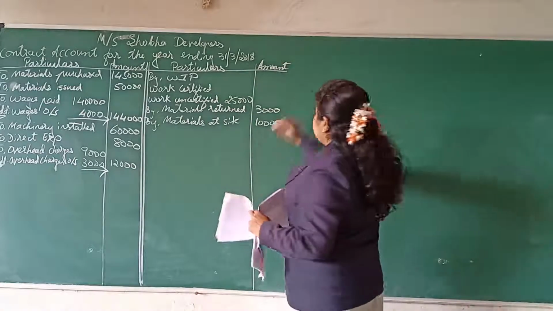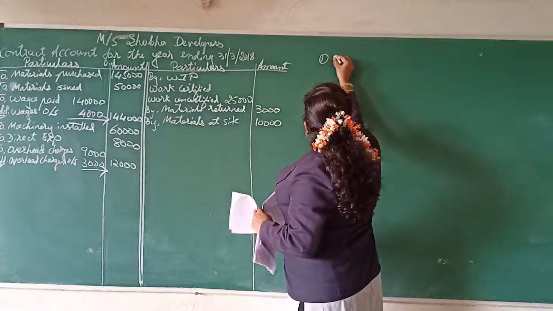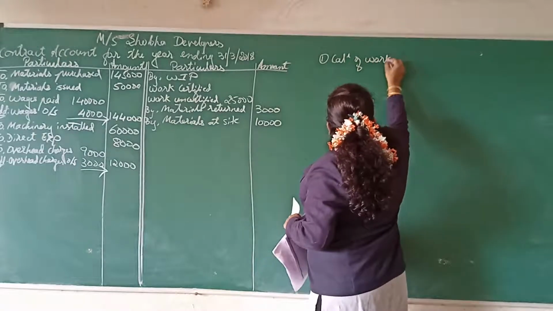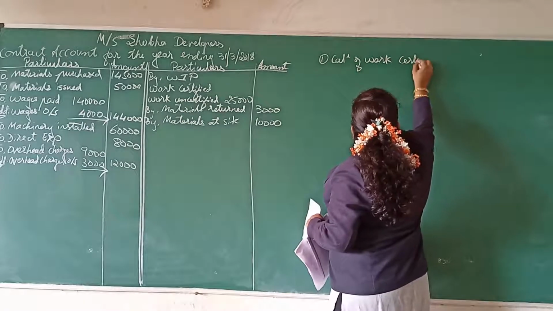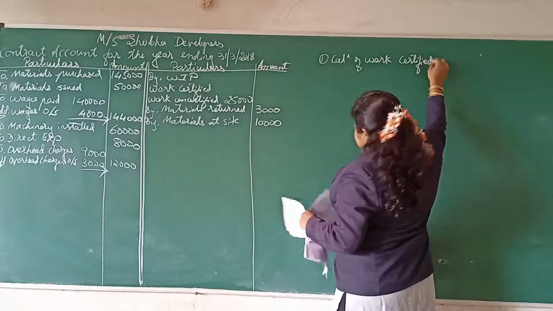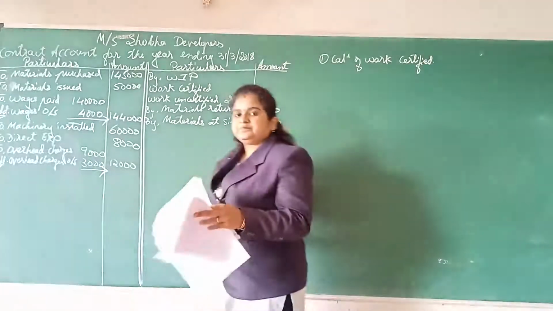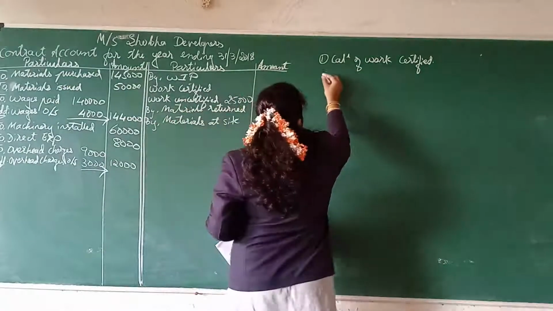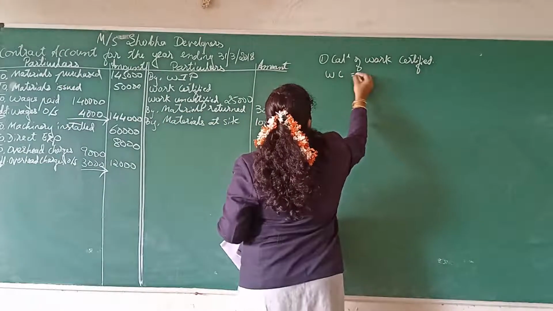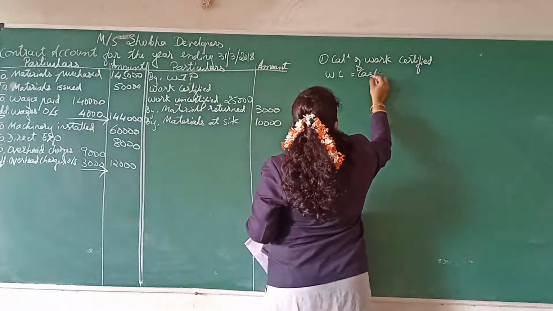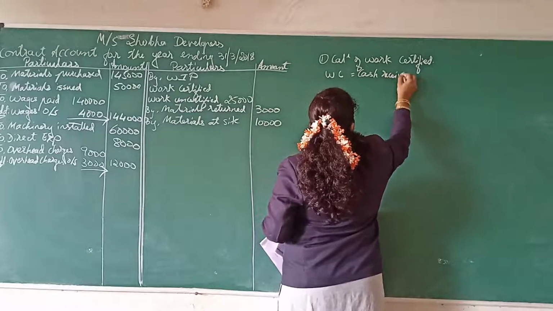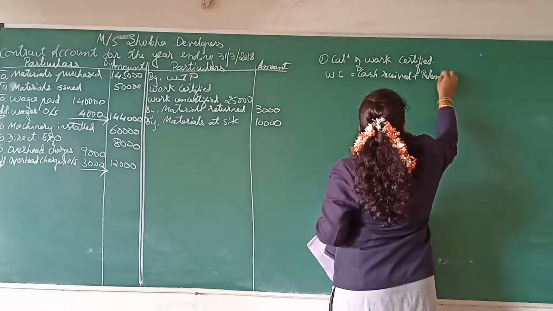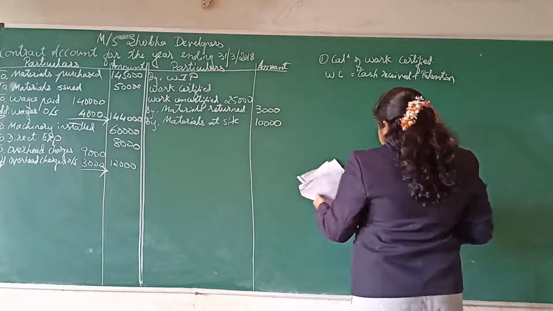Do some lines over here. Take down first working note. Calculation of work certified. Okay. Now, formula is work certified is equals to cash received plus retention money.